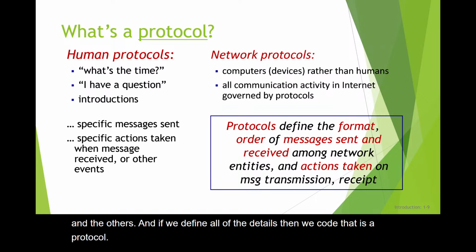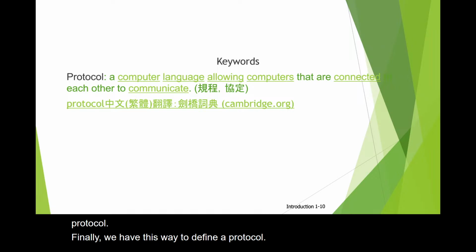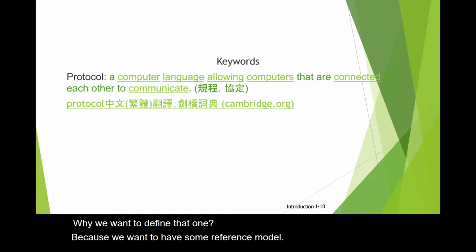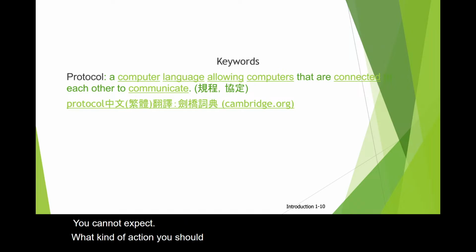Well, finally, we have this way to define a protocol. Why we want to define that one? Because we want to have some reference model, all right? Or otherwise, you cannot expect what kind of action you should take if we don't have some reference model, all right?